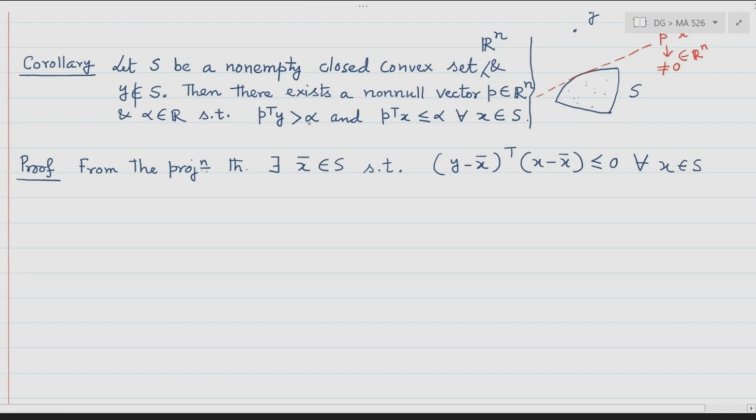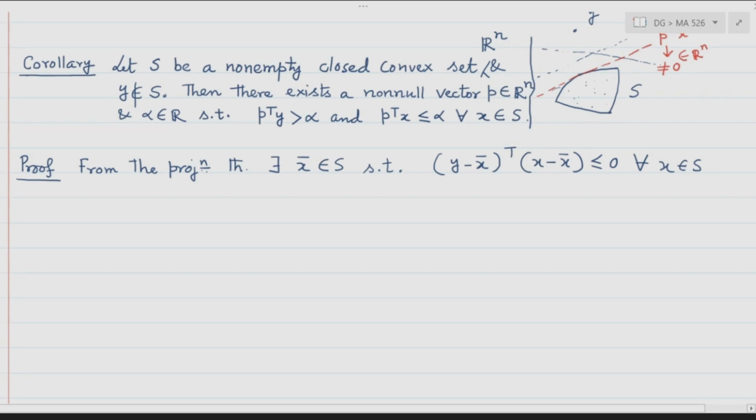And now we note how to find this vector p. We have several hyperplanes that separate y and S, but a trivial choice is this common tangent, this red line.